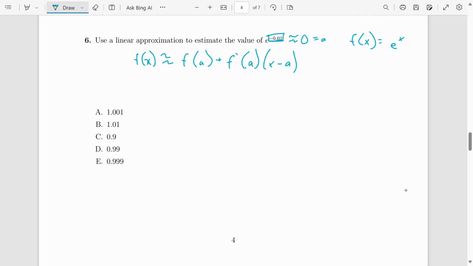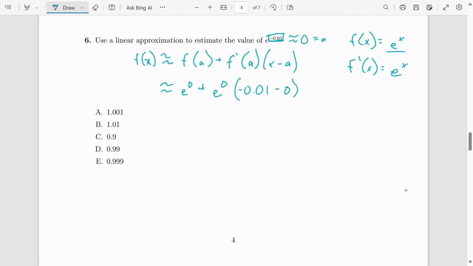This approximately equals f of a, and since a is 0, we write e to the 0, plus f prime of a. The derivative of e to the x is also e to the x, so this is also e to the 0, times x minus a. So x is -0.01, and a is 0.